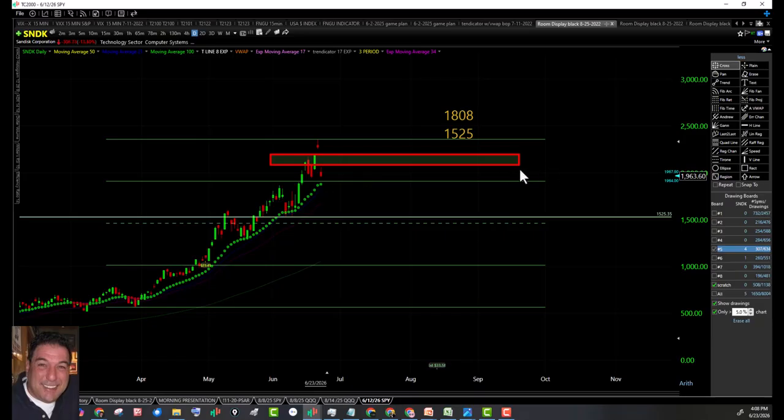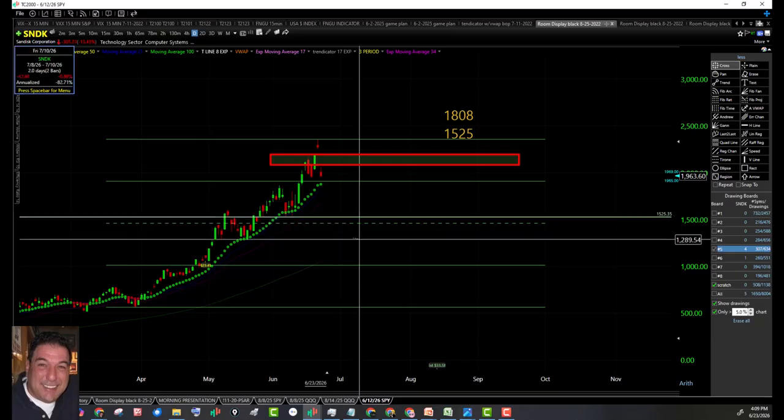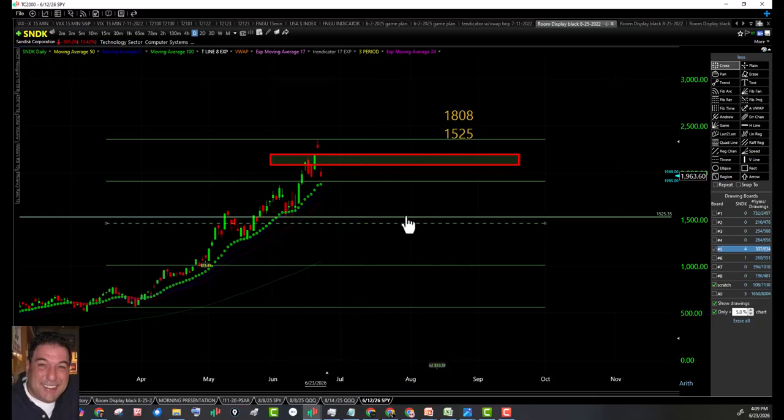Okay, you're still bullish up here, but by the time you get to real major support, or some support here, you're going to get some right there too. 1289. But by the time you get to support, you notice you're no longer bullish.